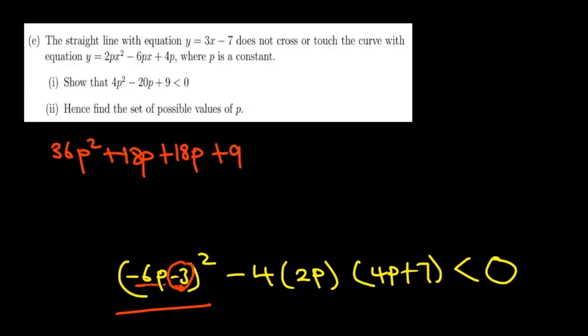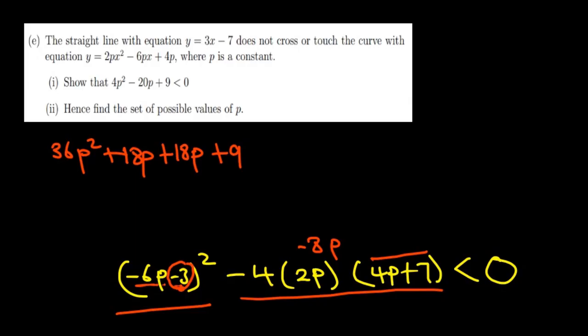Then we go here. This will be minus 4 multiplied by 2p, which will just be minus 8p. So we are multiplying minus 8p with what we have in the brackets. Minus 8p multiplied by 4p squared, what are we going to get there?